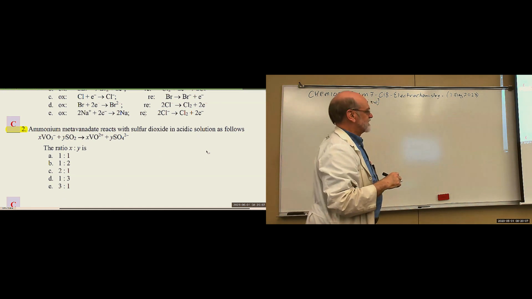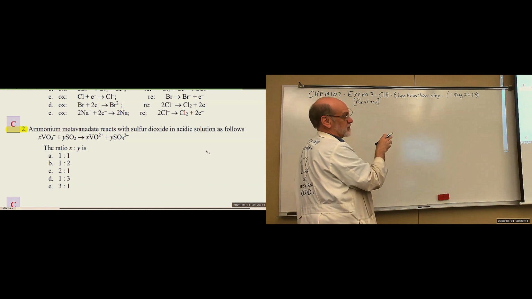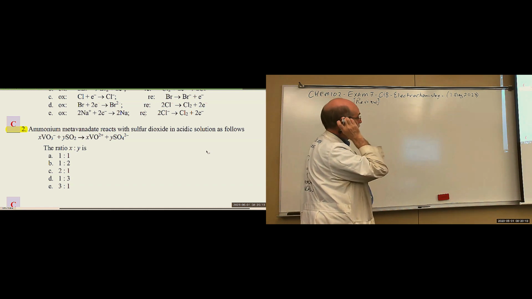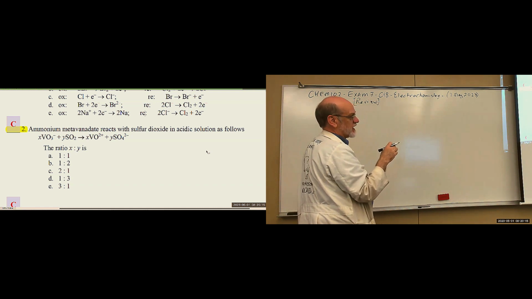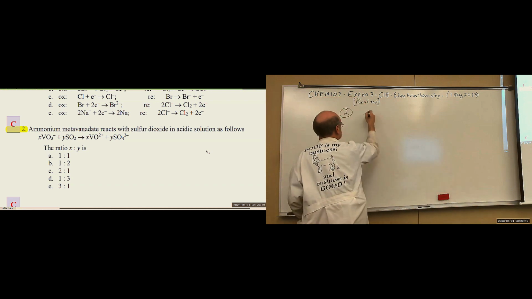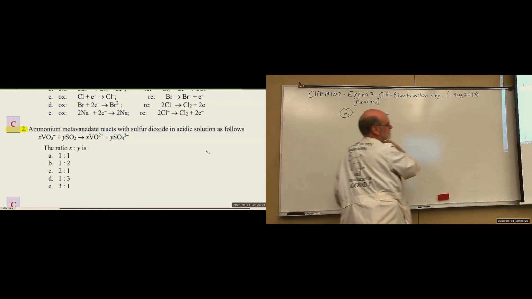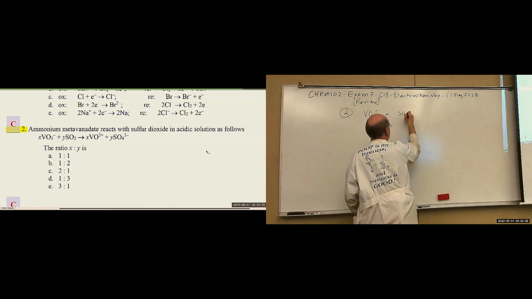Ammonium metavanadate. So we're only interested in the vanadate part. Ammonium is a spectator in this case. It reacts with sulfur dioxide in acidic solution as follows. So we've got VO3- and SO2.